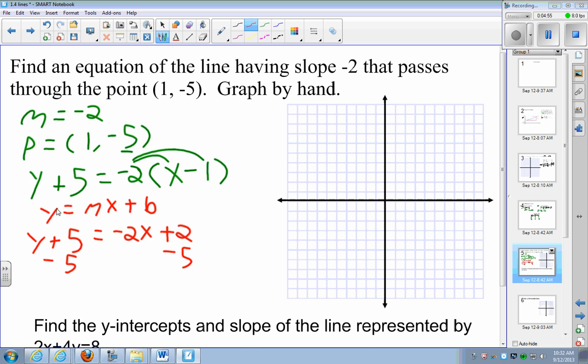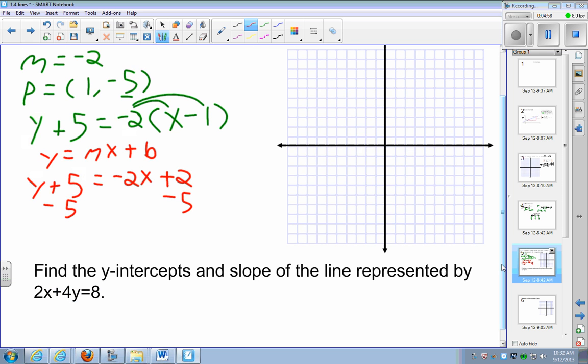We'll get that y is equal to negative 2x minus 3. Okay, so here, our minus 3 is going to be our y-intercept, and our negative 2 is going to be our slope.